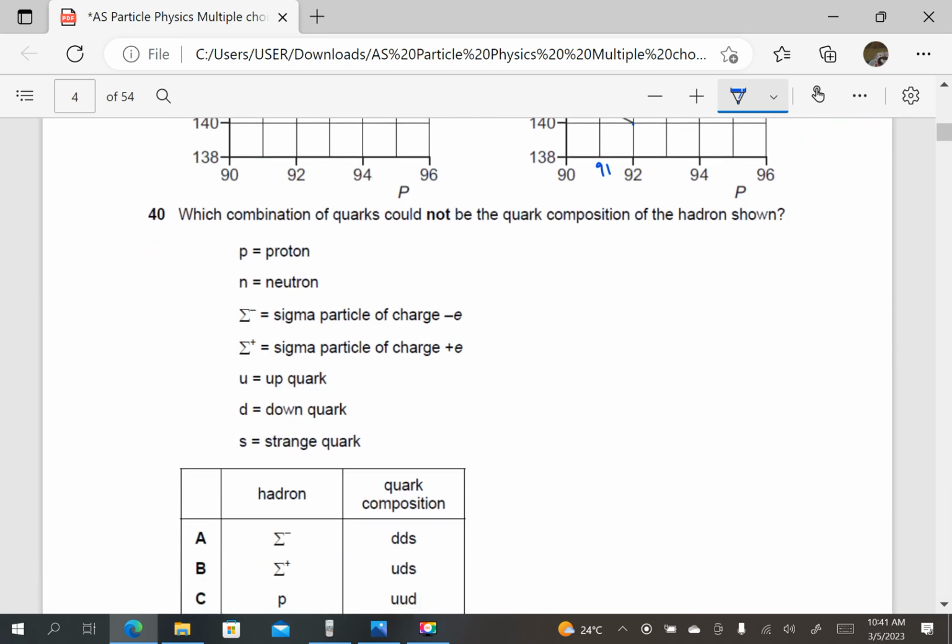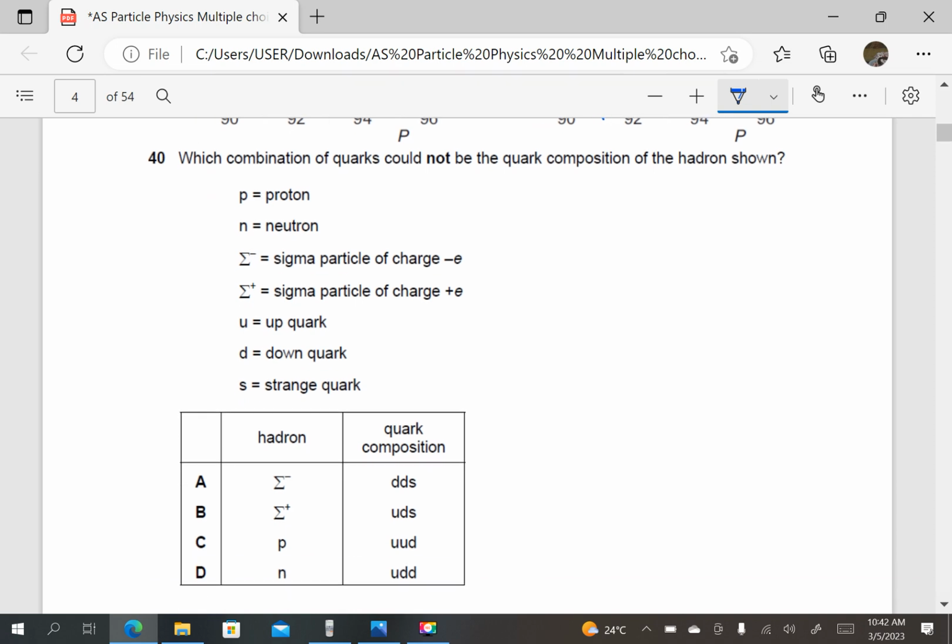Which combination of quarks could not be the quark composition of the hadron shown? So a hadron has 3 quarks. A hadron must have 3 quarks.